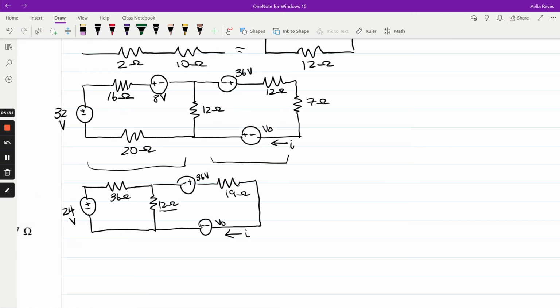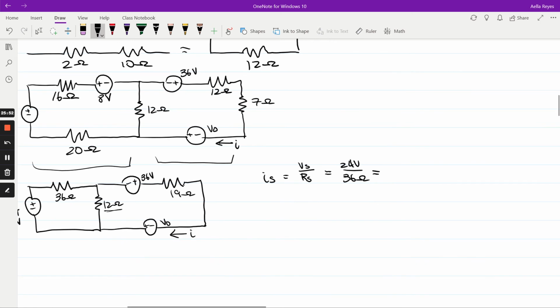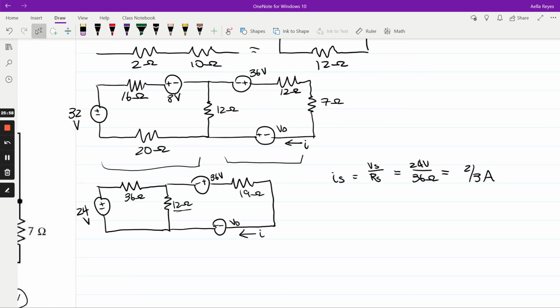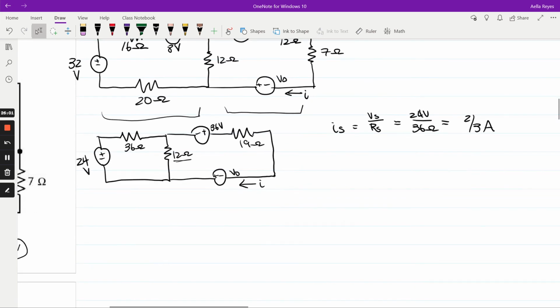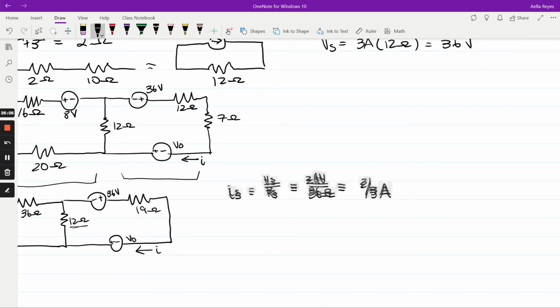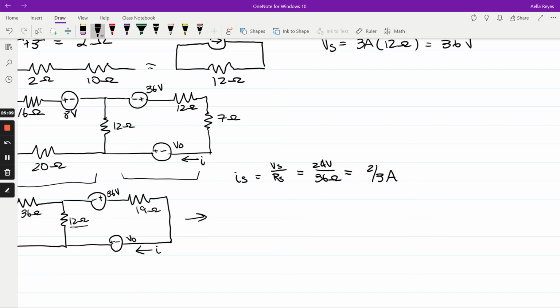So to source transform this, we're going to find the current source by taking the voltage source divided by our resistor in series, which is 24 volts divided by 36 ohms, which is 2/3 amp, or about 0.6667 amps. So now that's going to look like this. I'm going to move this part up here so I can redraw the circuit to show you guys what that would look like.